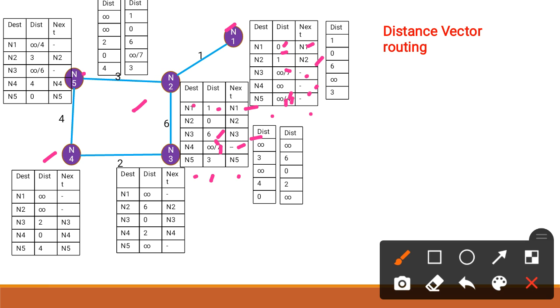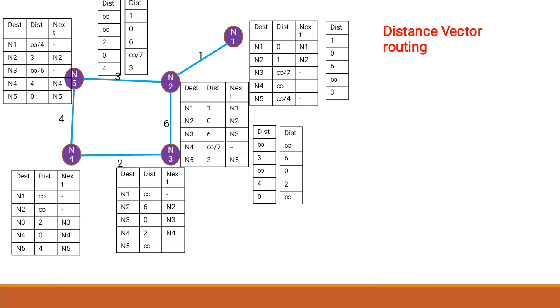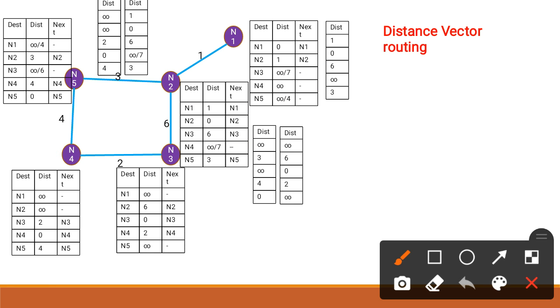Now, the infinity values need to be replaced, so how will that be implemented? See here, n1 will update its table with the help of its neighboring tables. So n2 shares its distances with n1, so that if there is a possibility to update the table, n1 will update it.